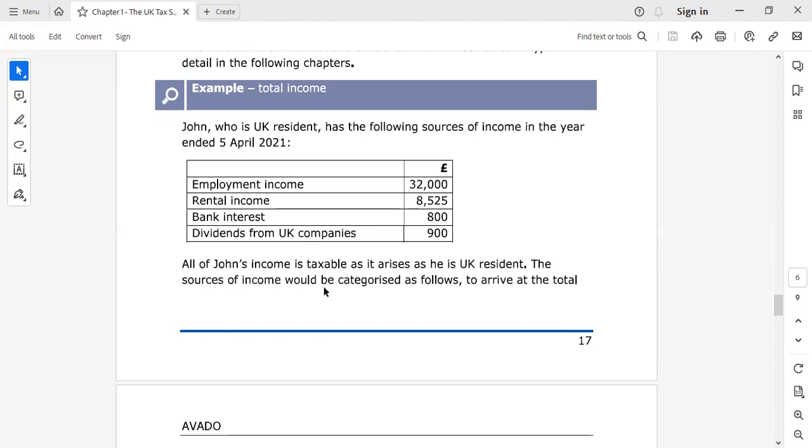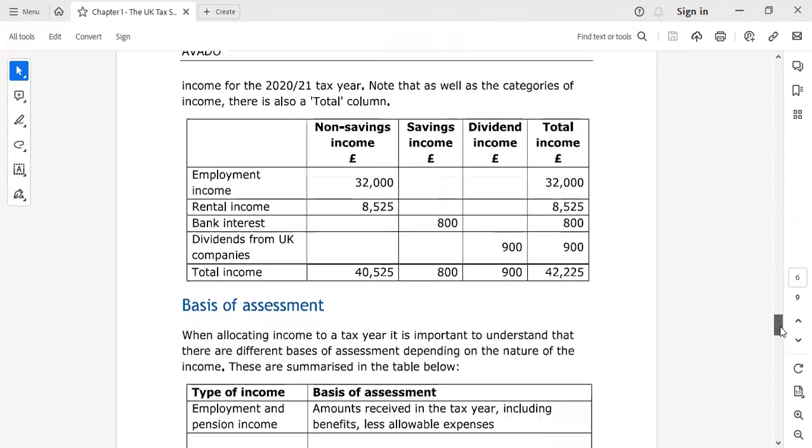The sources of income would be categorized as follows. This is the recommended format we will use for all of our course. Three categories we will make: non-savings income, savings income, and dividend income. Employment income is 32K, rental income is this one, bank interest is this one, dividend income is 900, so total income.